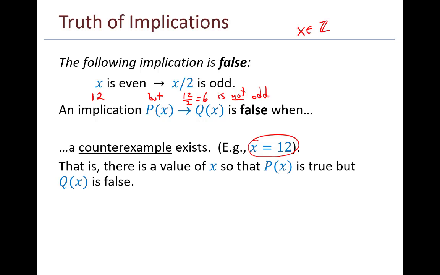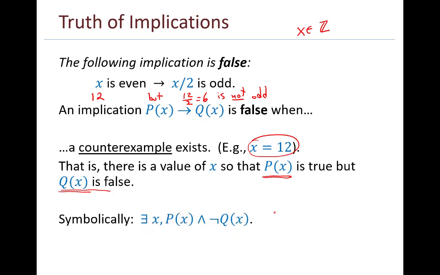So a counterexample is a value of x that makes the hypothesis true, but the conclusion false. Let me say that again, that's important. A counterexample is a value that makes the hypothesis true, but the conclusion false. And an implication is false exactly when a counterexample exists.